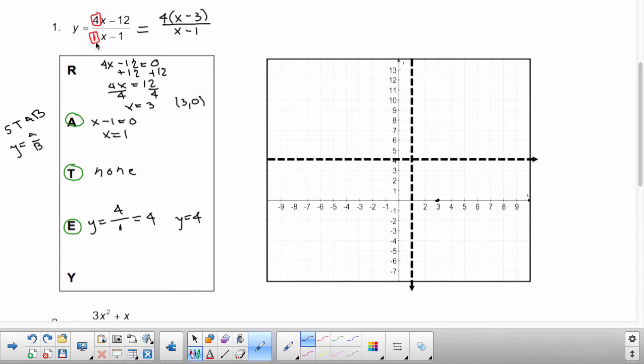So I go back to my original function, and wherever I see an x, I plug in a 0. y equals 4 times 0 minus 12 over 0 minus 1. 4 times 0 is 0, minus 12, negative 12. 0 minus 1, negative 1. Simplifies down to just 12. So at y equals 12, I'm going to have the y-intercept.